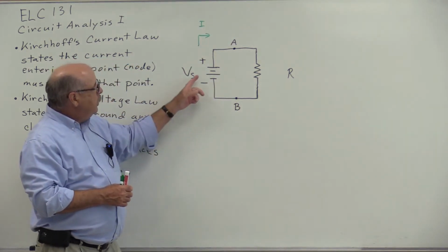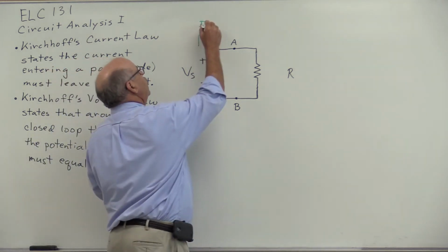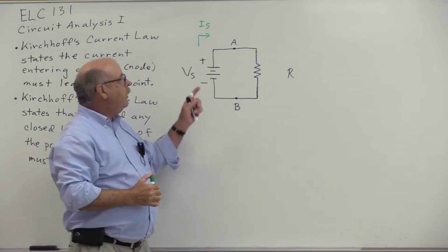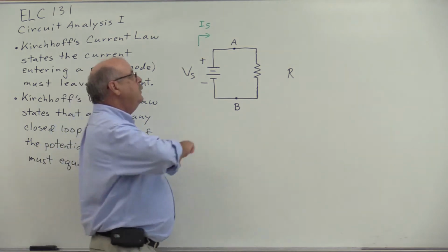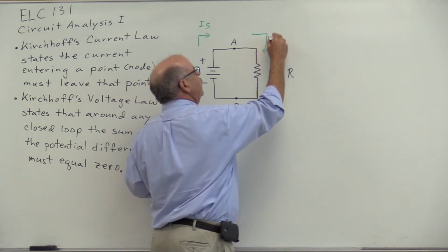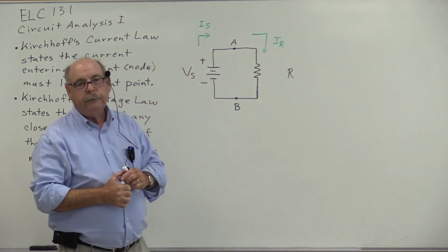Now, some current will leave the voltage source, and we'll call that current Is for the source current. And that current enters node A. Now, some current will leave node A and flow through the resistor. We'll call that current IR.